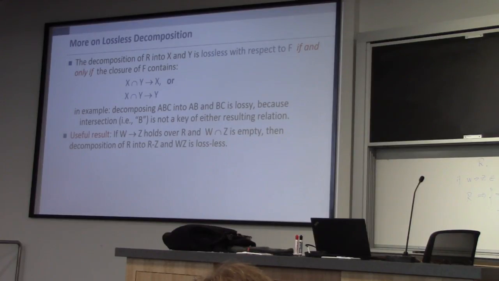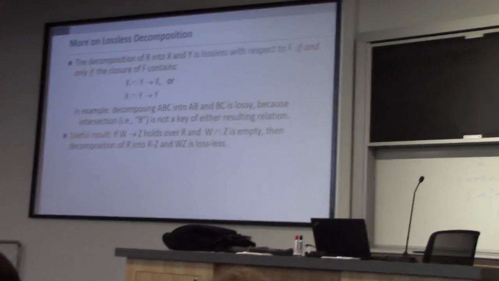And you substitute this X and Y with R minus Z and WZ respectively. And basically what you need to show is this determines either this or WZ. Right? If you can show that, by the theorem above, this decomposition must be lossless. Right? Any questions so far on this?